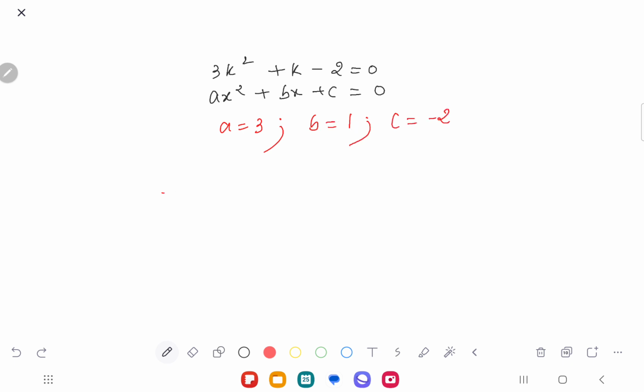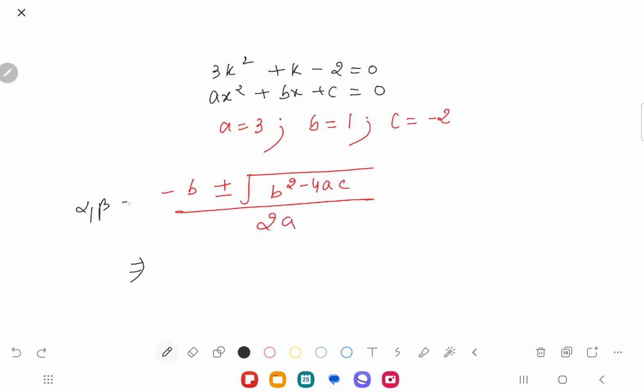Now again put in the formula: minus b plus minus under root of b square minus 4ac over 2a. Are you understanding? Right? Properly? Yes. Alright. So minus 1 plus minus 1 square minus 4ac over 2a.